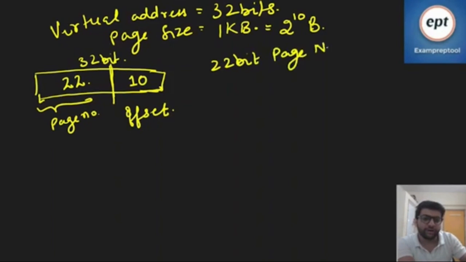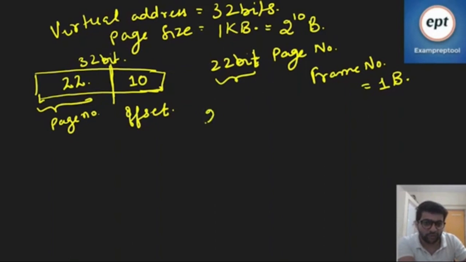page number, right? And let's suppose that the frame number is equal to 1 byte. Okay. Also, let's assume that is equal to 1 byte. We have 22 bits of page number, right? So we know how many pages will be there in a particular process. It will be equal to 2 power 22 pages, right?